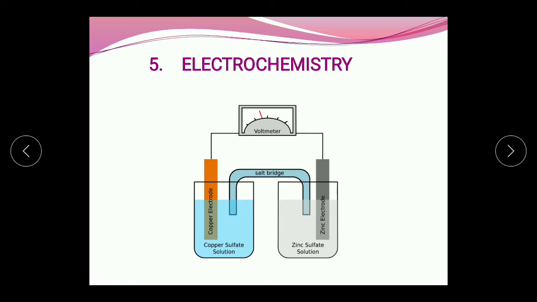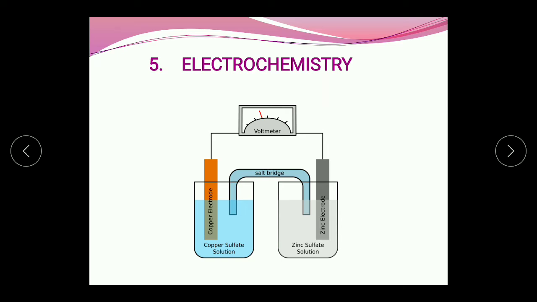The first and most important is that the anode is written on the left hand side while the cathode is written on the right hand side. A single vertical line is placed between the metal electrode and its ions, and a double vertical line is placed between anode and cathode, which indicates that they are connected by a salt bridge.